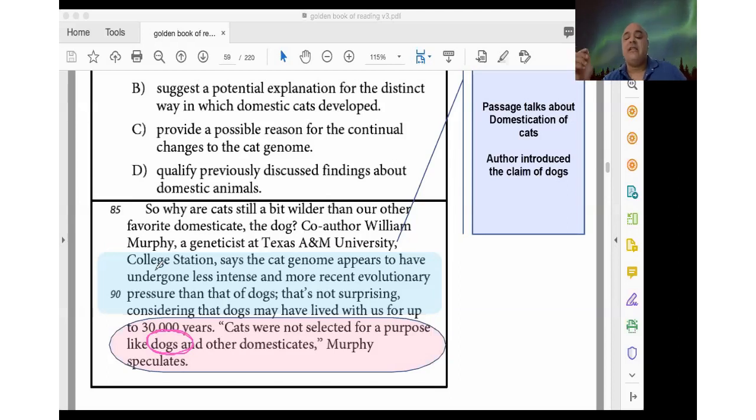So the claim about dogs has been introduced in the passage to support another claim inside the passage about cats. So your answer choice has to stress the claim about cats and has nothing to do with the claim of dogs. Okay, guys?